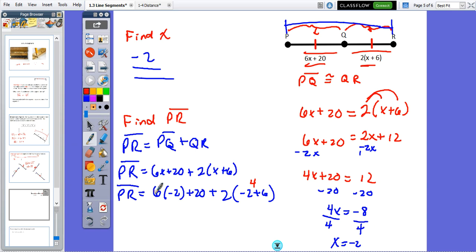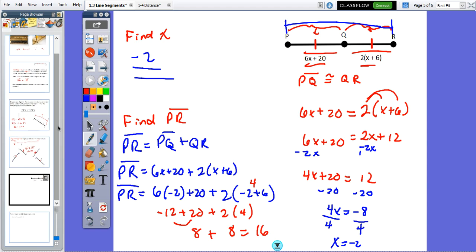So 6 times a negative 2 gives us a negative 12, plus our 20. And then here we get 2 times 4, which is 8. We add negative 12 plus 20, that gives us a positive 8. We add these two together, we end up getting 16 as a final answer here. So hopefully you guys got 16.